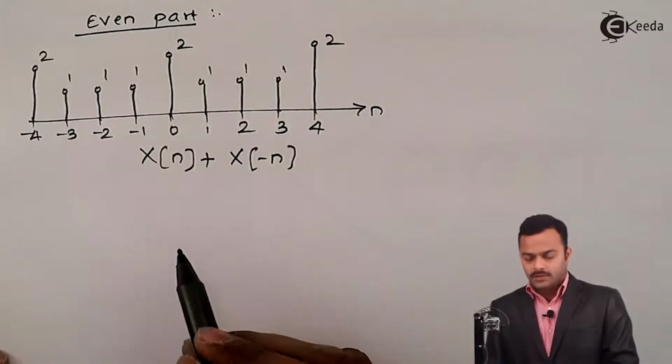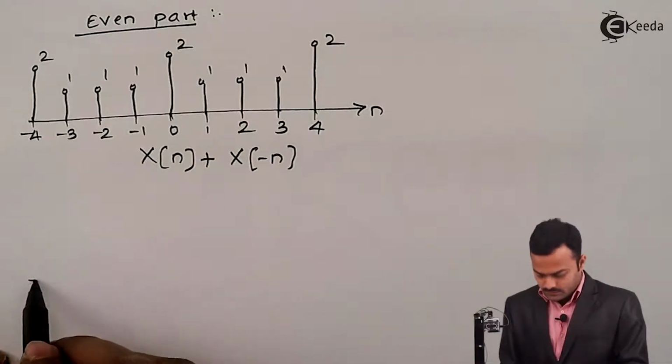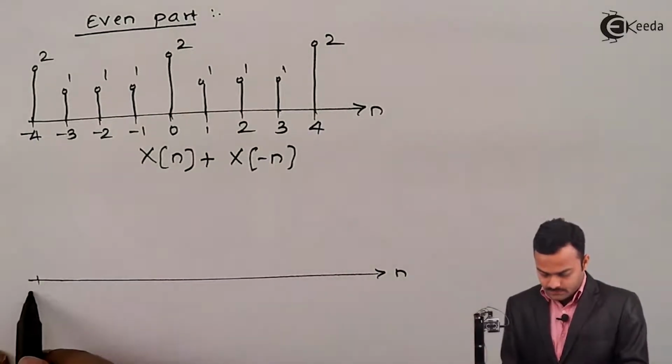To get the even part, we need to divide this by 2. So finally, the even part will be like this.